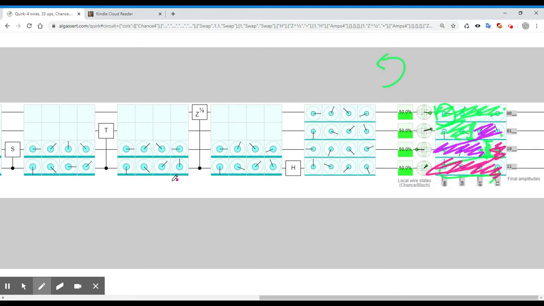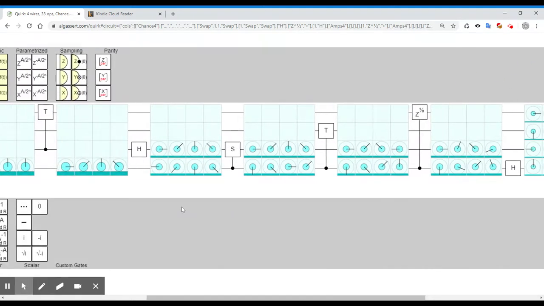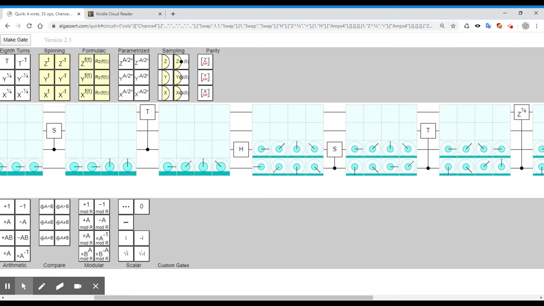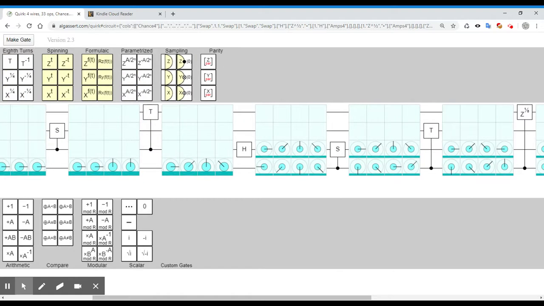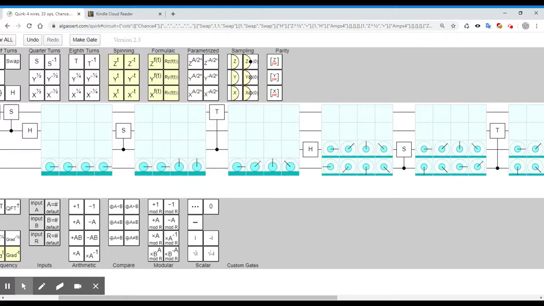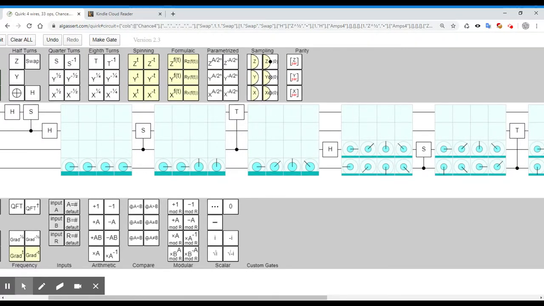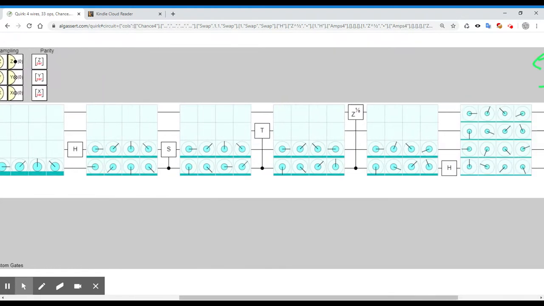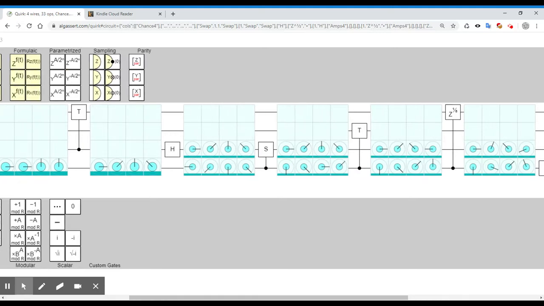But it's much more complicated to look at it step by step, because there's a lot of bits and pieces going on. But the Hadamards basically take care of... what do they take care of?